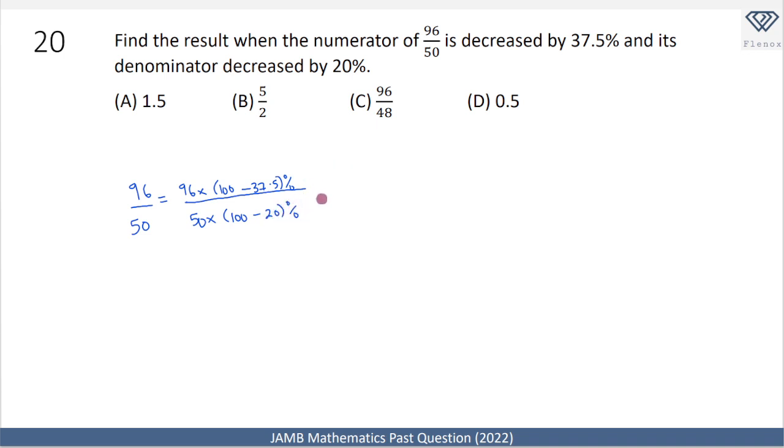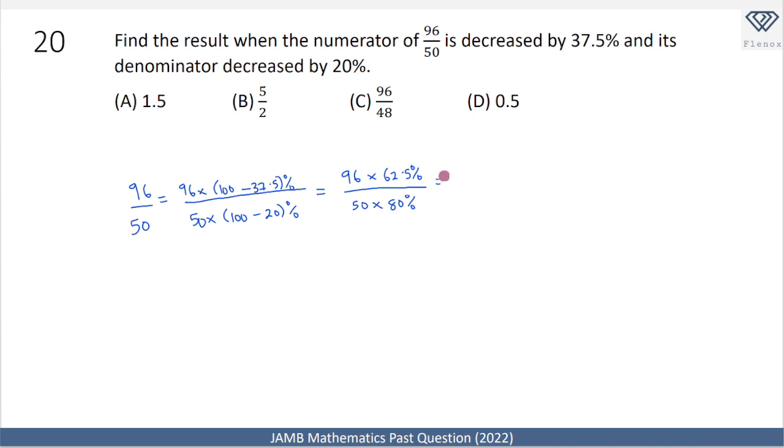So this is just going to be equal to 96 times 62.5% over 50 times 80%.